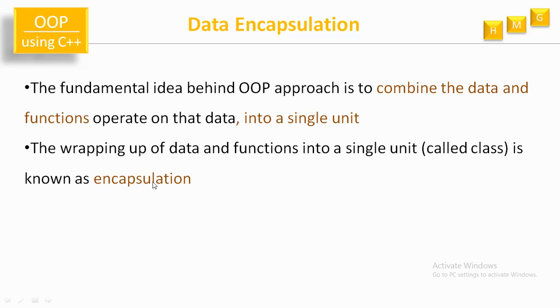The capsule is used to protect something inside it. So what is inside the capsule? There are data and functions. These are the two entities inside the capsule, and that process of wrapping them into a single unit is known as encapsulation.